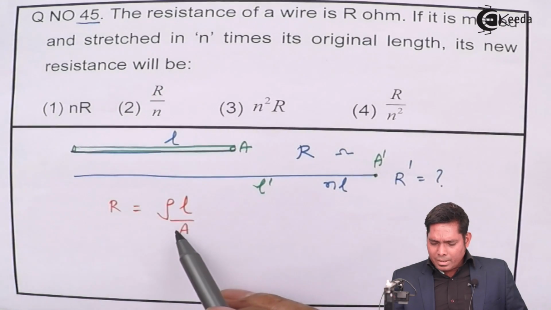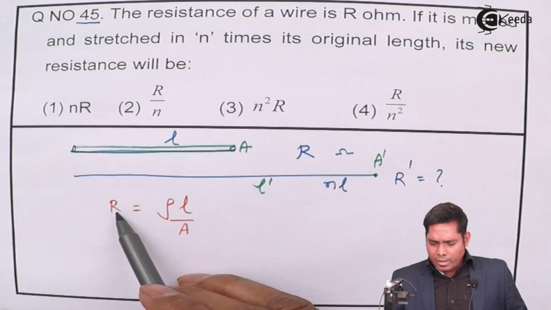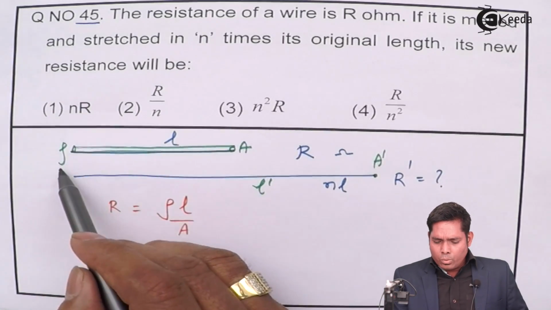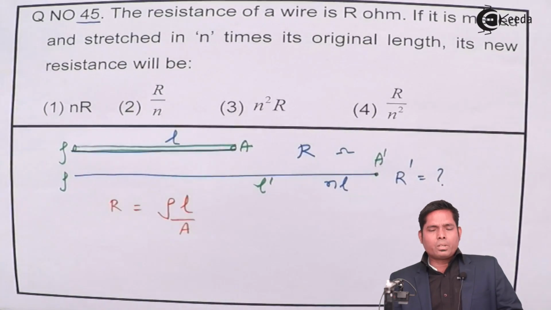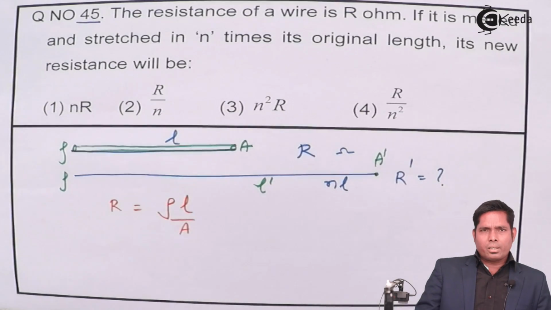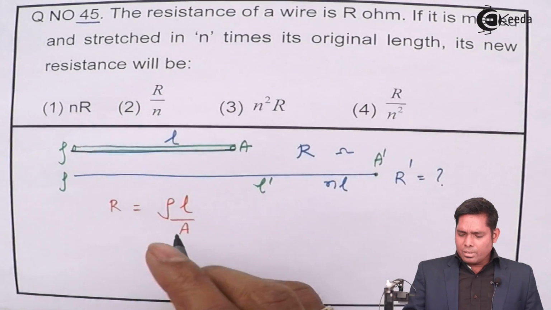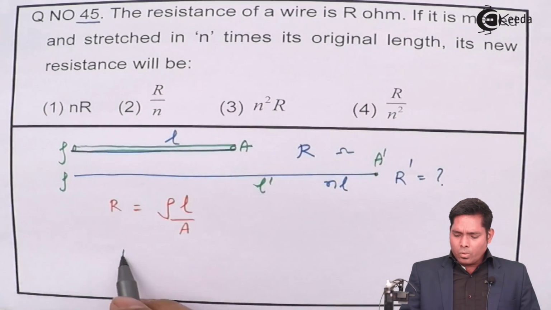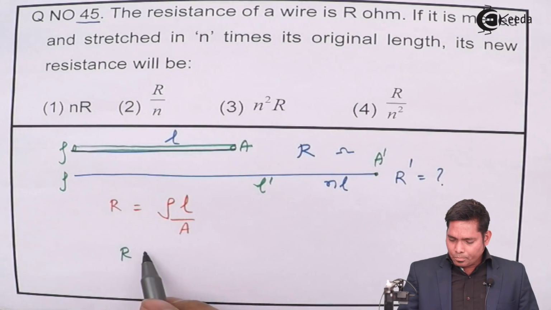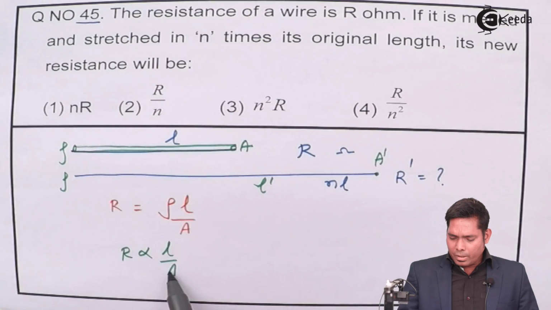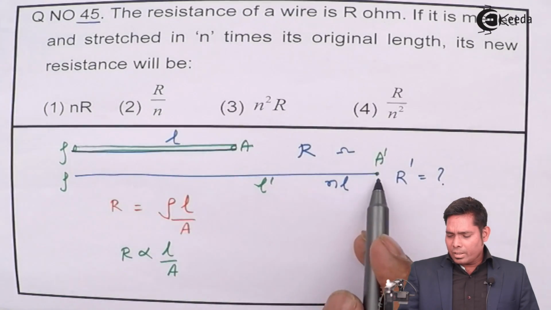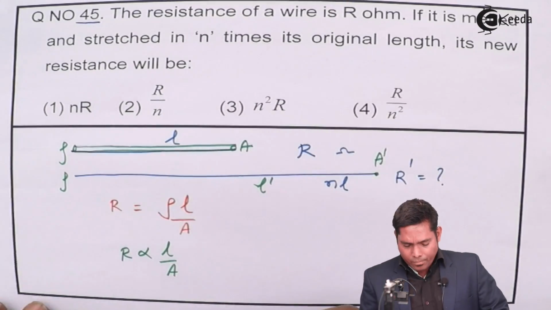The rho value will remain the same, because that depends on the material, and we are not changing the material. Only R varies with L and A, so R is proportional to L over A. Both L and A change, because the length is increasing and the area of cross section is decreasing.